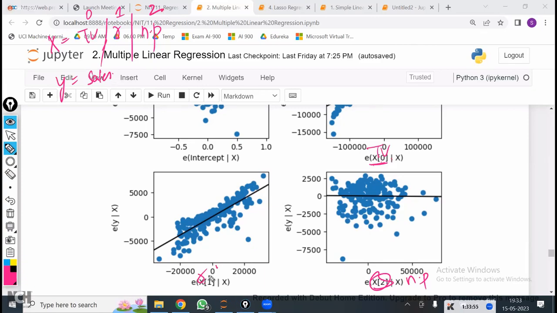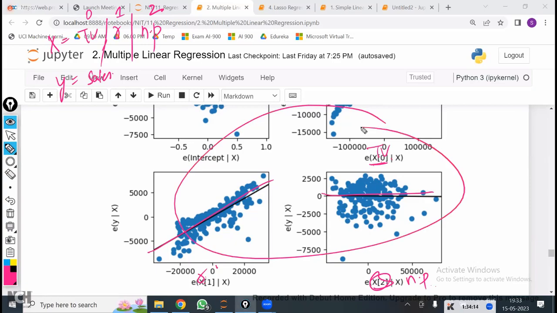So TV is a good one, radio is a good one. Both of them are forming the linear regression, whereas this one is not forming the linear regression. Since it is not participating in the linear regression, we have to remove the newspaper. In that way, we are going to remove. What are these plots? In tomorrow's class, I'll explain.